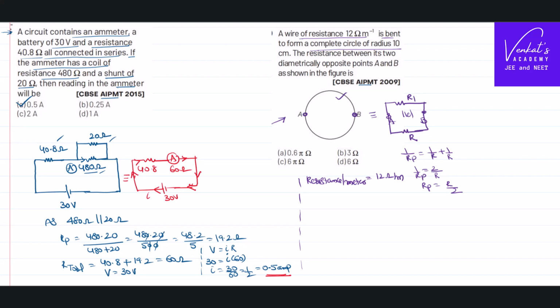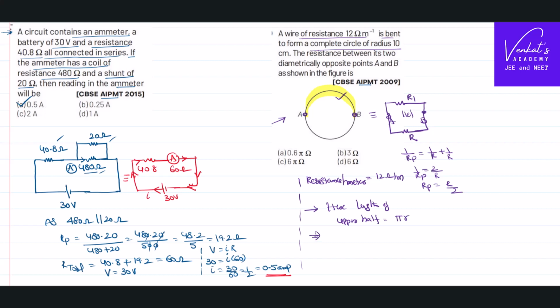R. Okay, let us calculate what that R is, the resistance of each half of the circle. R means what you are trying to calculate is the resistance of this upper half. How can you calculate the resistance of that upper half? I can write here, length of upper half is pi r because that is a semicircle, half the circle.